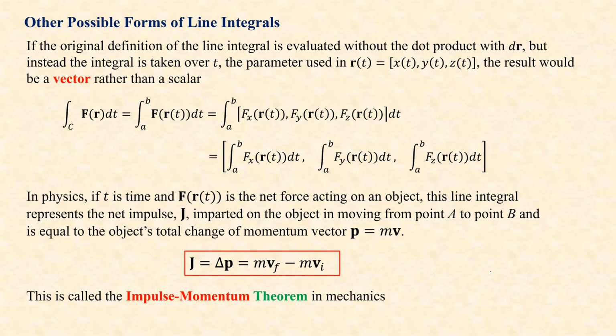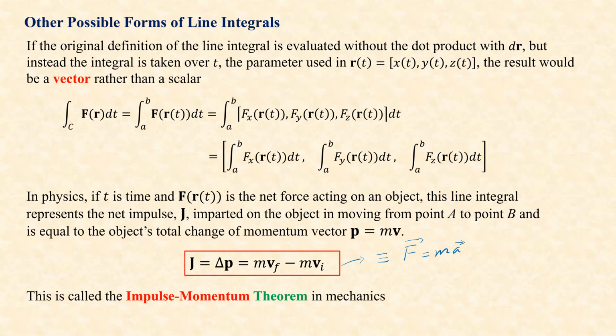Basically, these are also manifestations of Newton's law. This is equivalent to F equals ma. The other one is equivalent to F equals ma again, but they are different ways of looking at the same problem. This is another application of line integrals if they are defined differently.